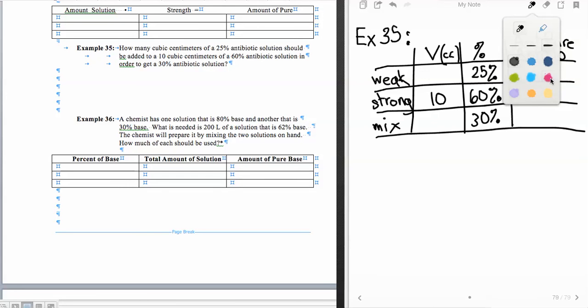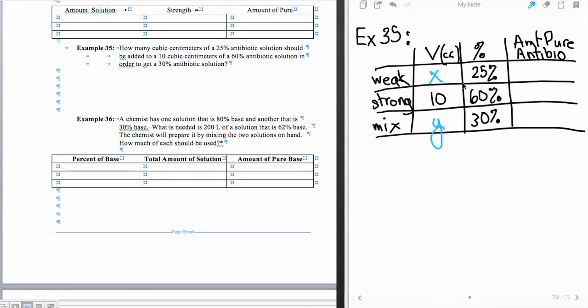So what we have going on here is actually kind of a different setup than we've seen before. The weak is our unknown, and this time the mixture is our unknown. And then we're going to use that percentage setup. So volume times percentage is going to give our amount of pure.